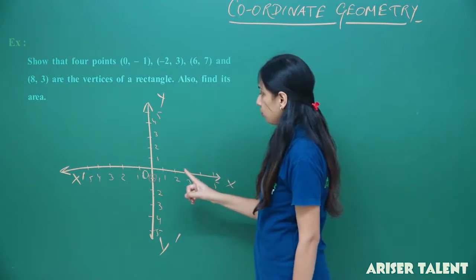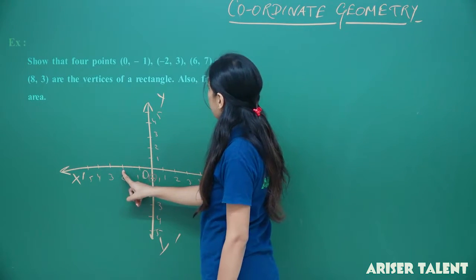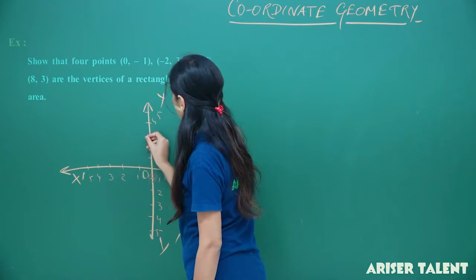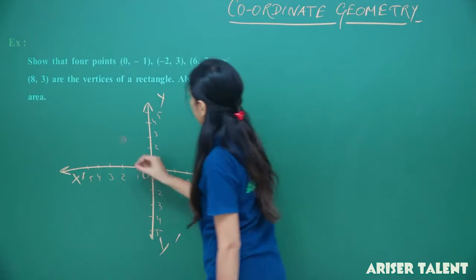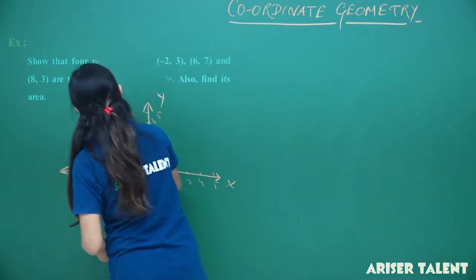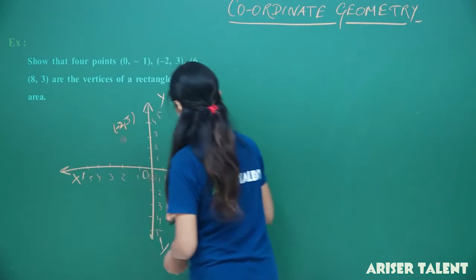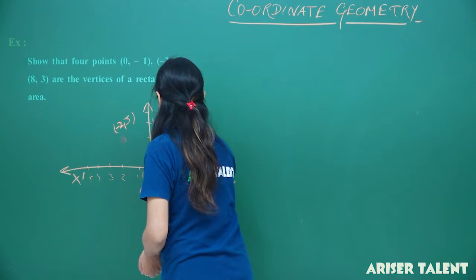So -2, minus will go in that direction, -1, -2, and 3 positive. So here and here will make it there. So this is the second point, (-2, 3). Is it visible or not? And that was (0, -1), this point.